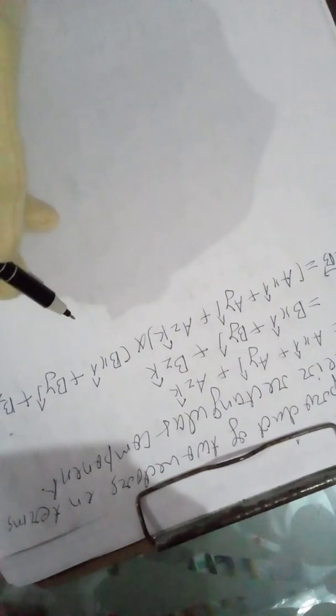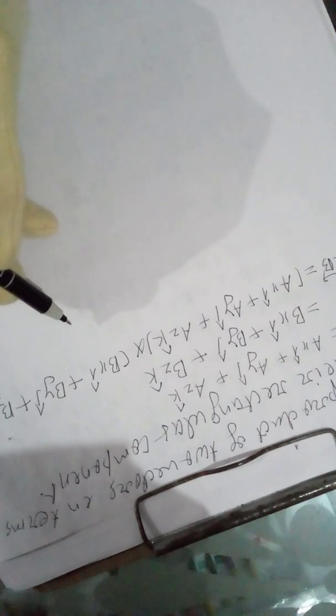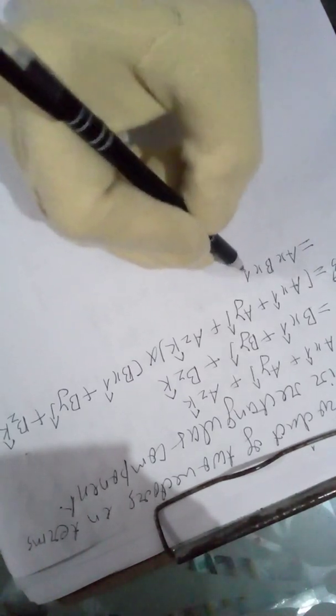ax, bx, ay, by, az, bz are simple numbers, so they simply multiply. i, j, k are vectors, so the cross appears inserted between them. The first term ax i with bx i gives ax bx, i cross i.